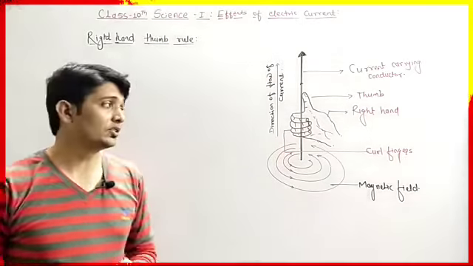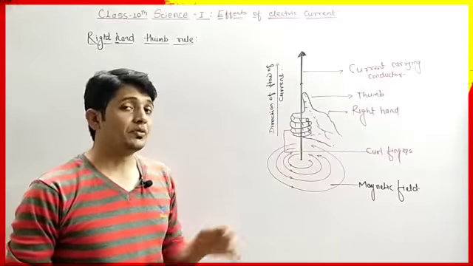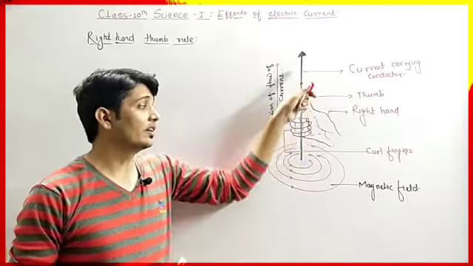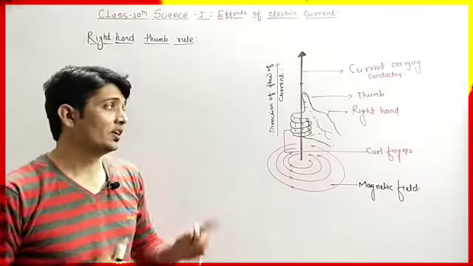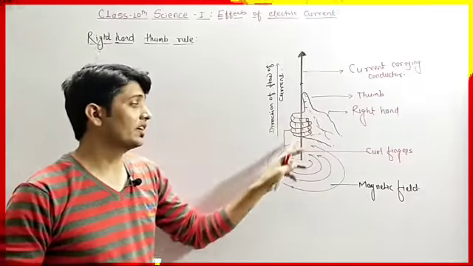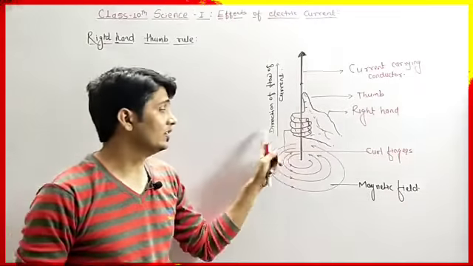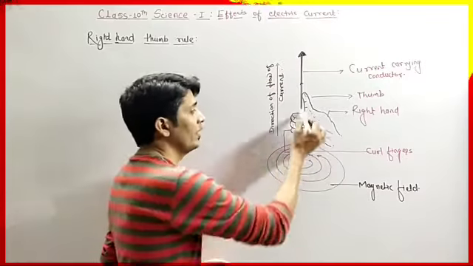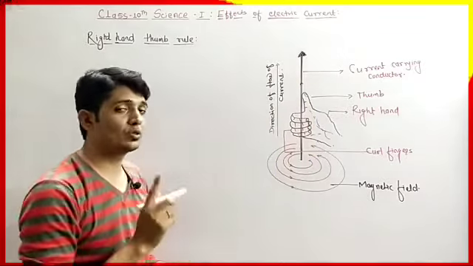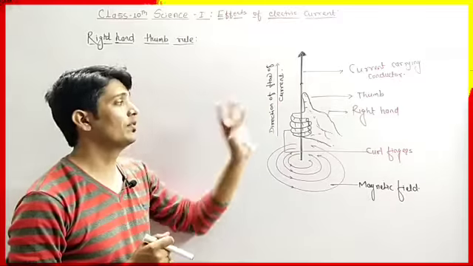Suppose in this diagram we are holding the current carrying conductor in our right hand like this. This is the current carrying conductor, and the arrow in the upward direction shows the direction of flow of current.